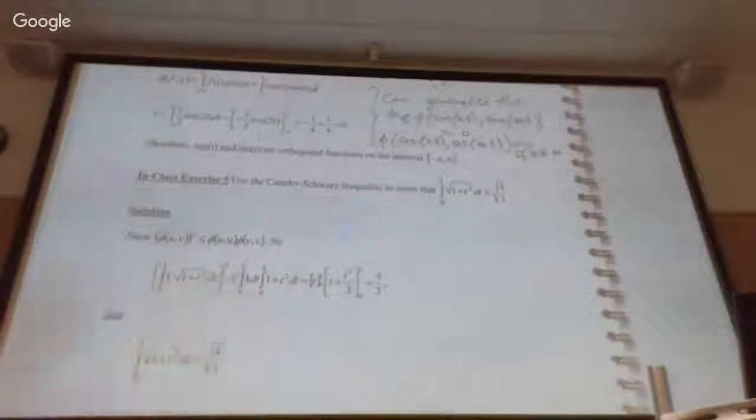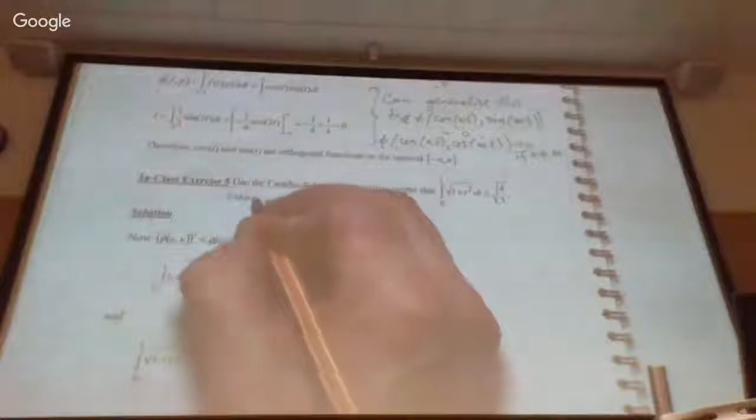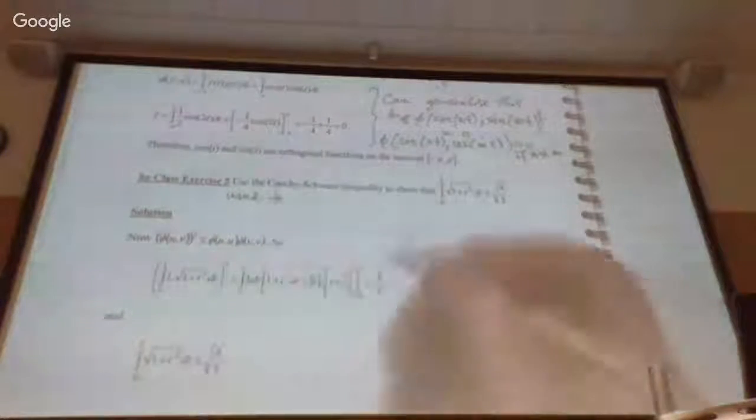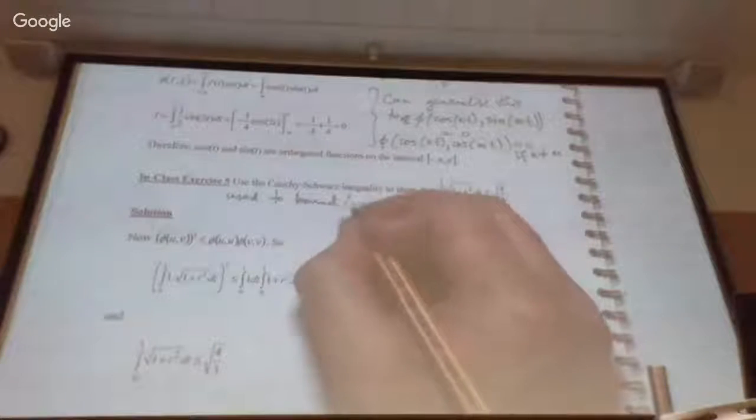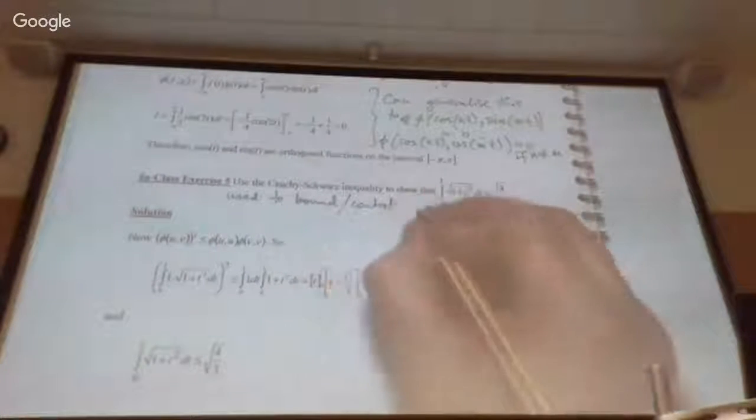Well, let's see what's going on here in exercise 5. Okay, it's an application of the Cauchy-Schwarz inequality. But what's being achieved here is it's being used not quite to estimate an integral, but to bound or control an integral.